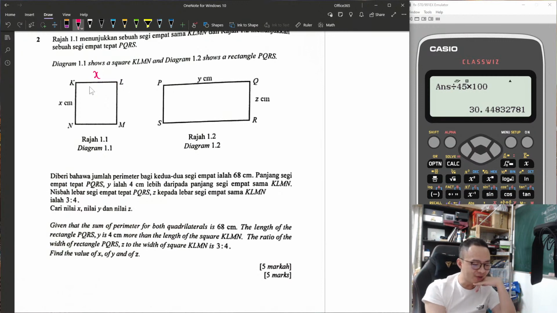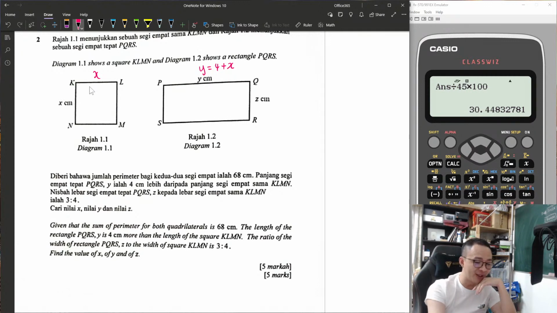The length of the PQRS, y, is 4 centimeters more than the length of the square. So here at least I know y is basically 4 centimeters more than x. And then the ratio of the width.